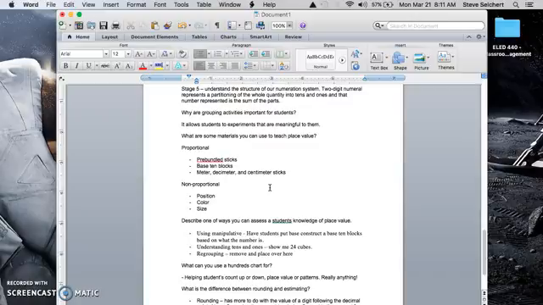Why are grouping activities important for students? It allows the students to experiment in ways that are meaningful to them.